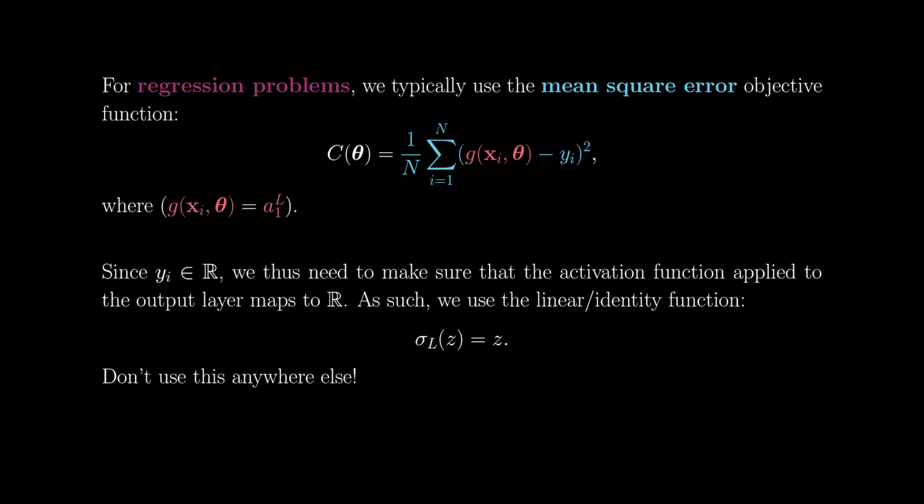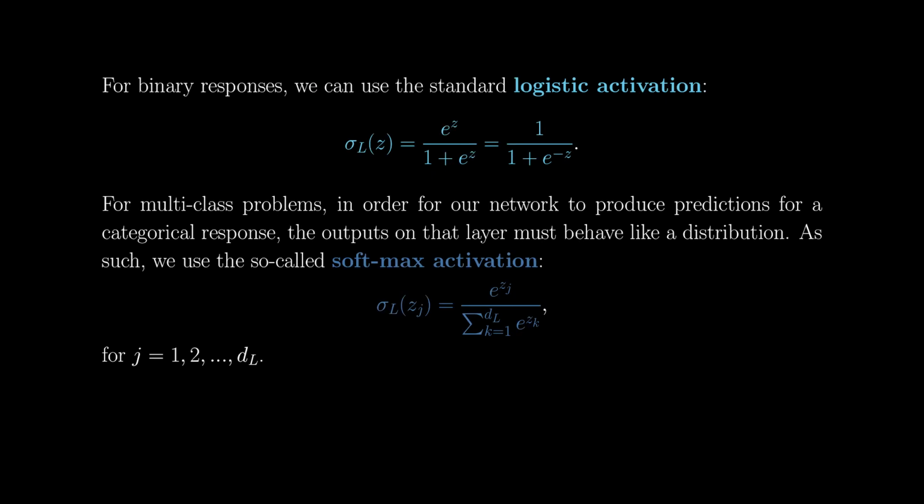Okay, right. Then, in the case of categorical responses, we make use of either the logistic activation function, and that will be when the response category can take only one of two values. Or alternatively, we can also use the so-called softmax activation, when the response can take on multiple categories.